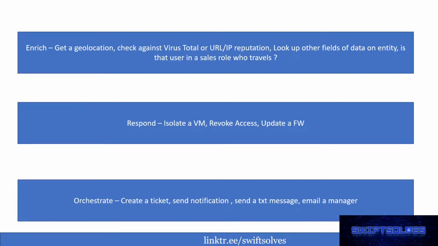The final type of automation that we can think about building is orchestration. So can we create a ticket, send a notification to certain folks involved in the security incident, send a text message out when we're outside of normal office hours to maybe a SOC manager, or maybe email a manager that's involved with the employee that was in a security incident.